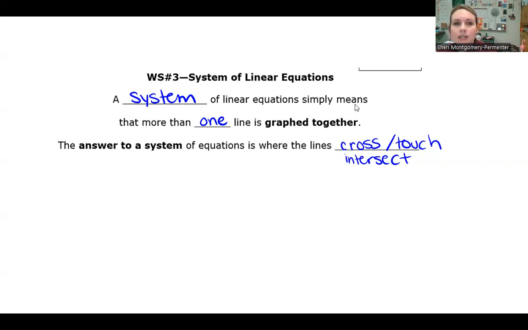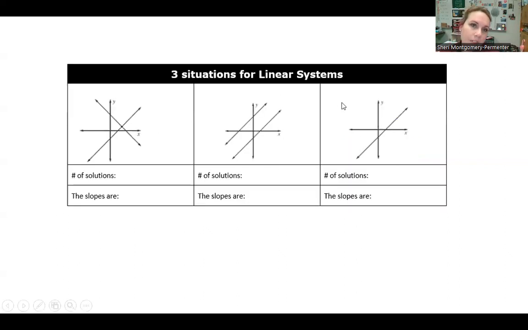So we have this chart, and the chart kind of illustrates 3 different types of solutions, 3 different situations that happen. So this is primarily what happens, is that you got 2 lines, they intersect, and right there, that is the one solution.